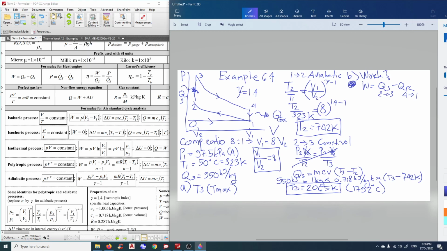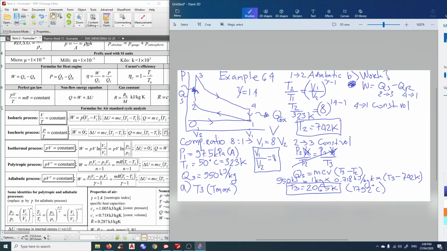We know Q supply from 2 to 3 is 950 kilojoule per kilogram, we don't have to calculate that. We only need to calculate Q reject from 4 to 1. 4 to 1 is constant volume, or isochoric.